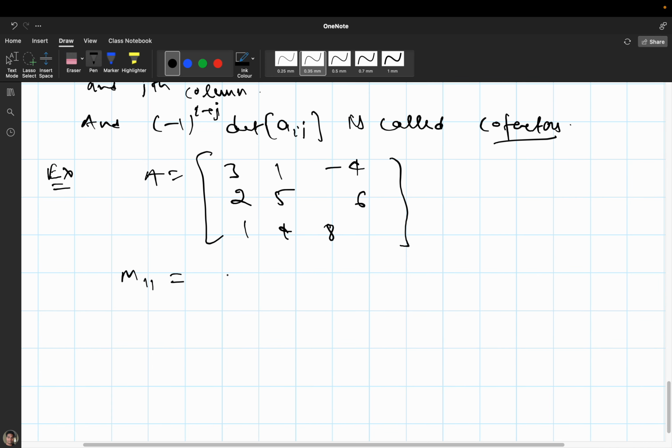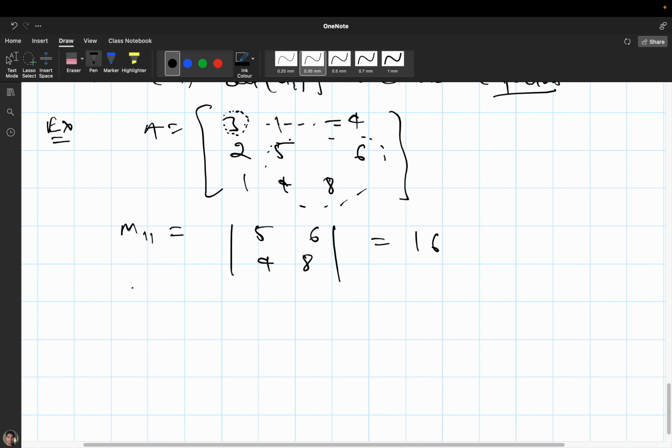Which element do we take? We ignore this row and this column, and the submatrix out of the whole matrix is called the minor. That is 5 6, 4 8, and this value is 16.